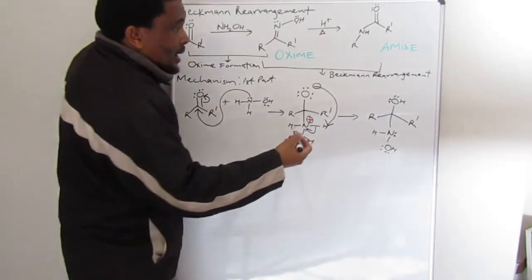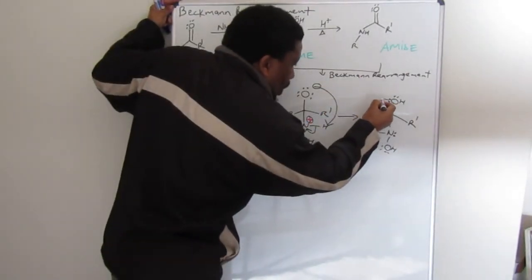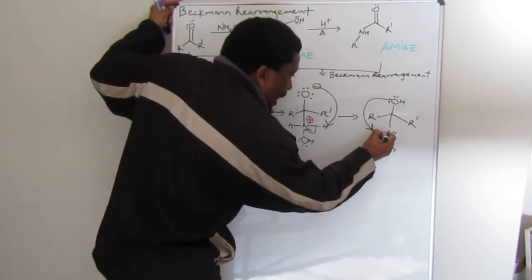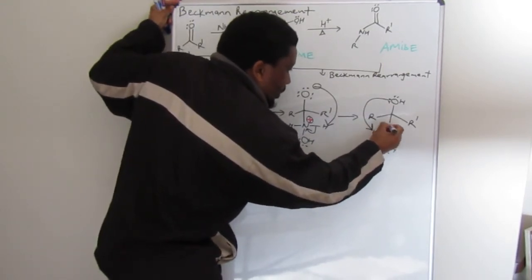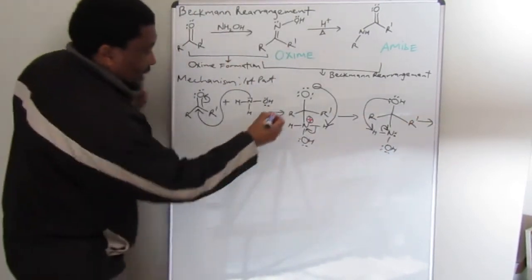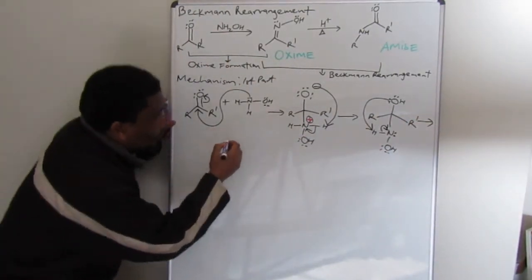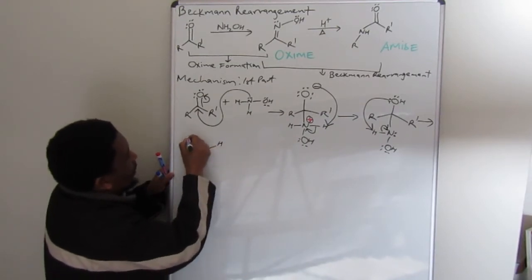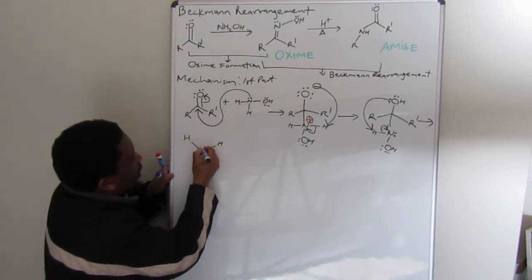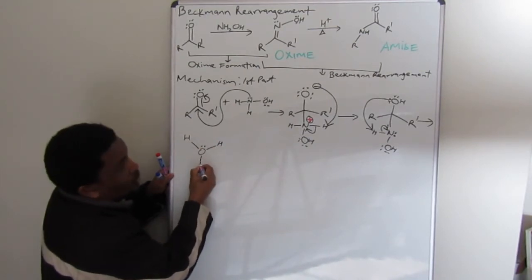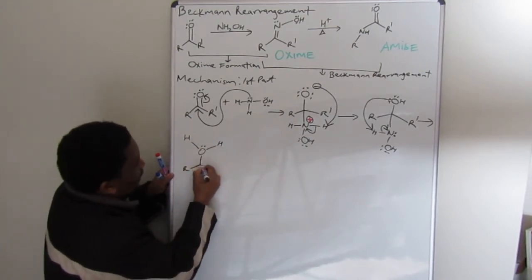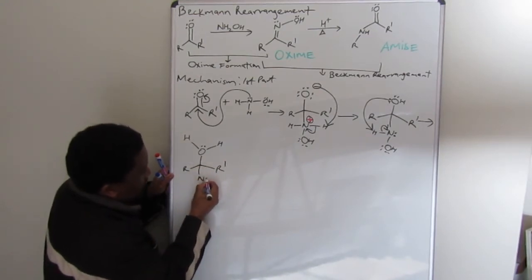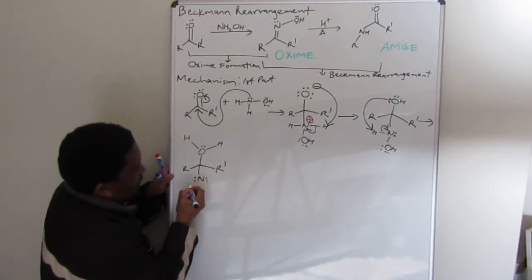How is it going to be protonated? This OH group will pick up this H plus, and the H plus will leave behind the bond pair that it shared with nitrogen to generate a structure like this one. We generate O bonded to H with only one lone pair, bonded to carbon, bonded to R prime, bonded to nitrogen, with lone pairs on the side.